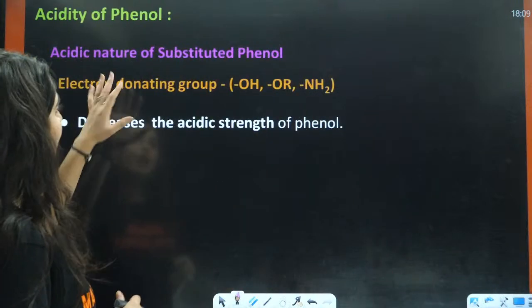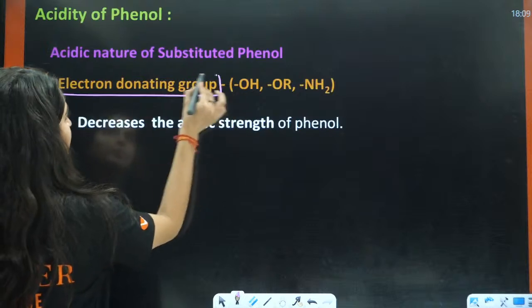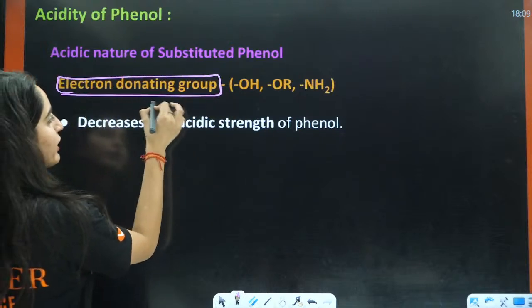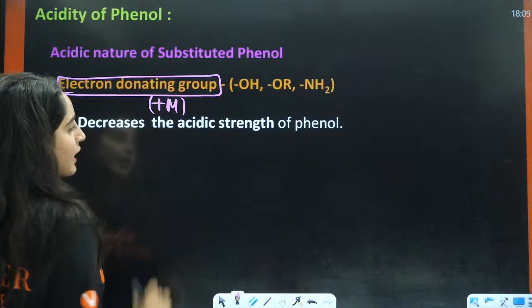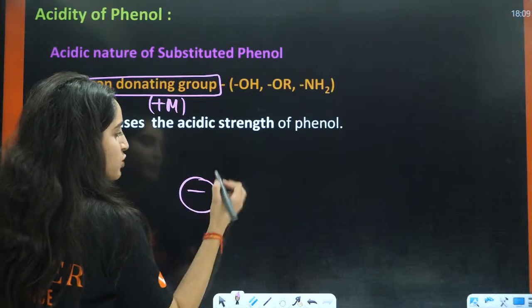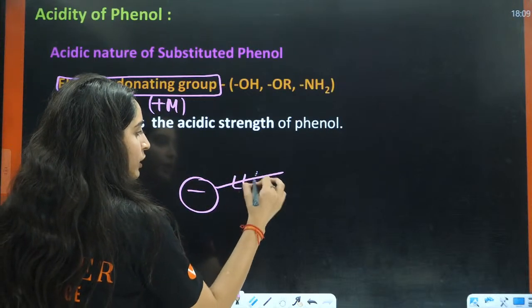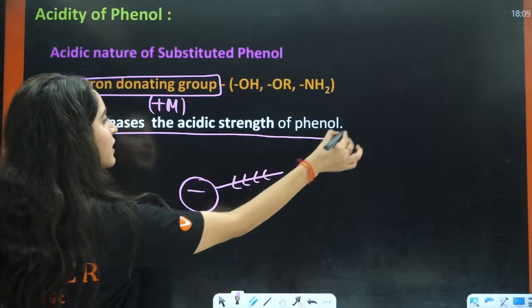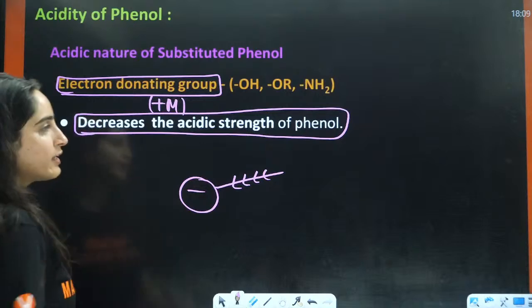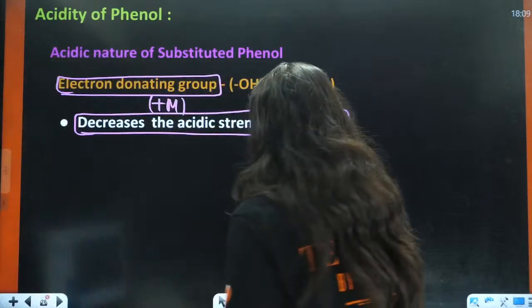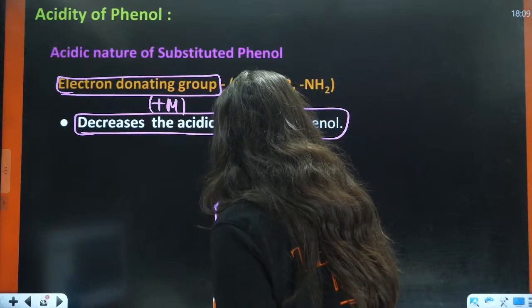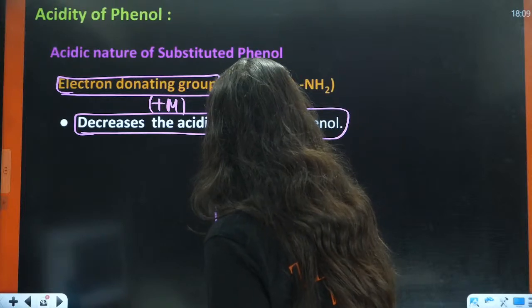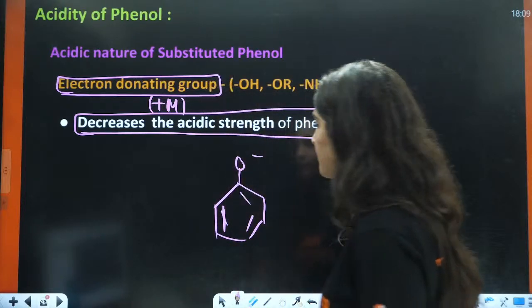Now, this is the electron donating group. As I told you, electron donating group means plus M group. That means you have a carbanion, and you are giving stress to it. That means they decrease the acidic strength of phenol. How? Because this was the carbanion.